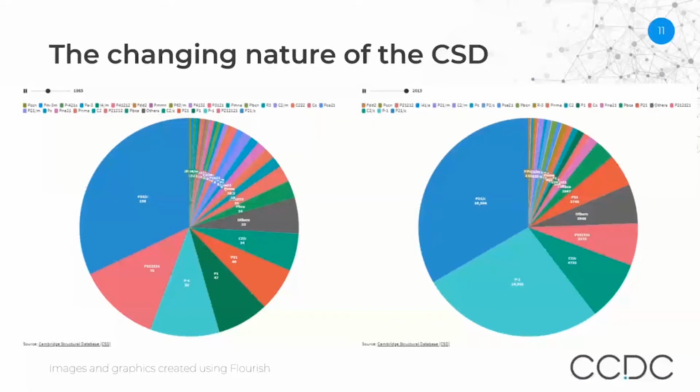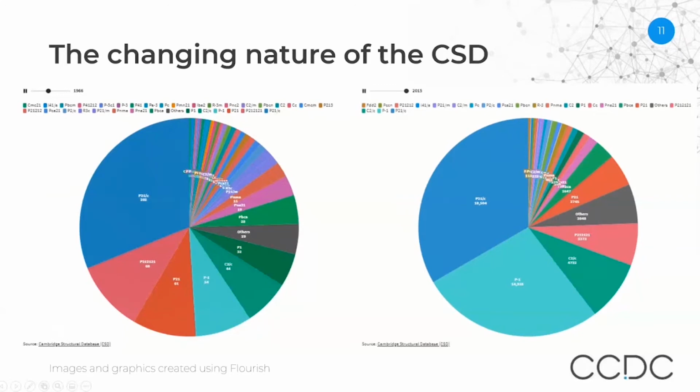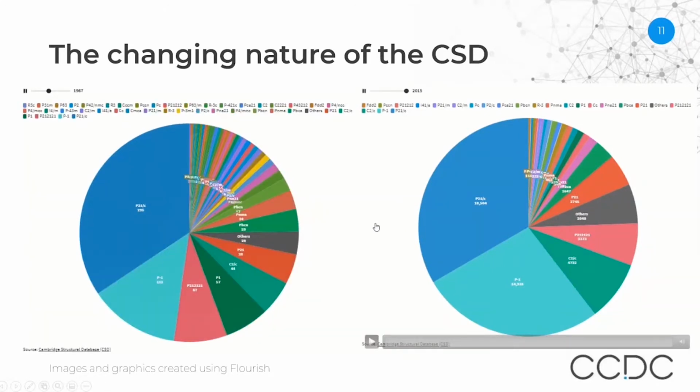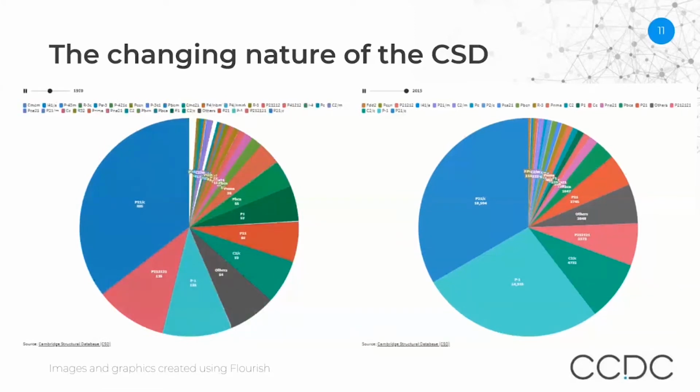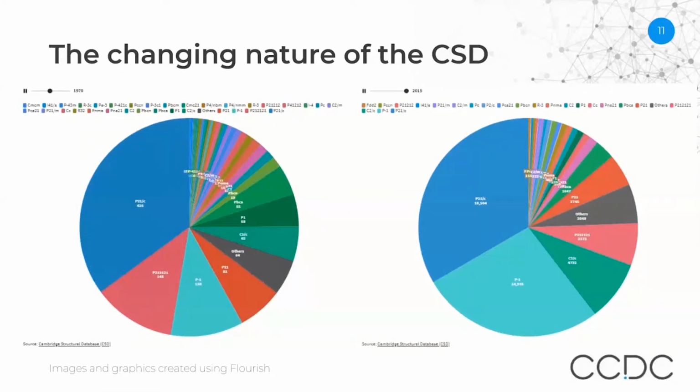So let's use space group to see one of the ways that the structures in the CSD have changed over the last 50 plus years. On our left-hand side, we can see what space group structures published between 1965 and 1970 were determined in.